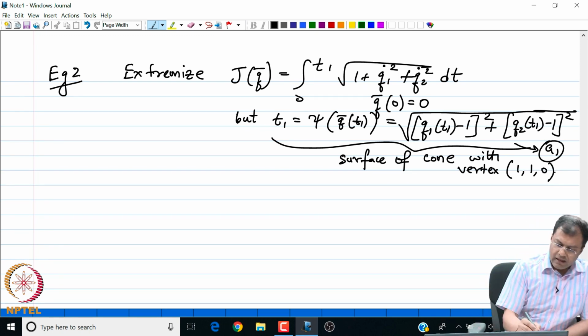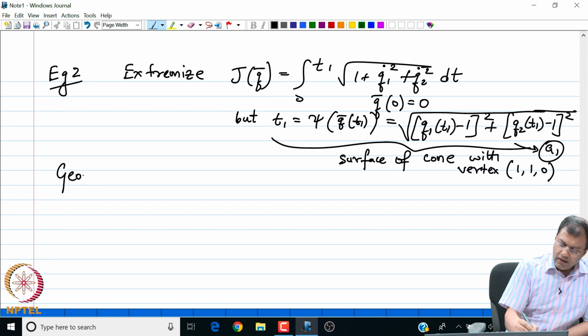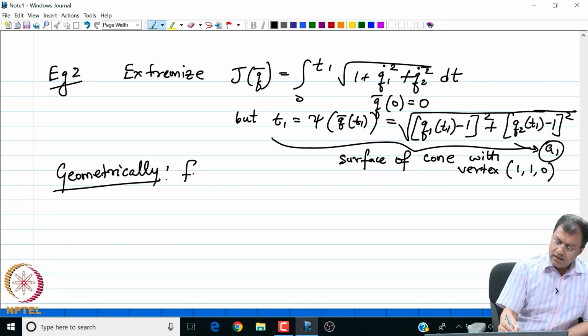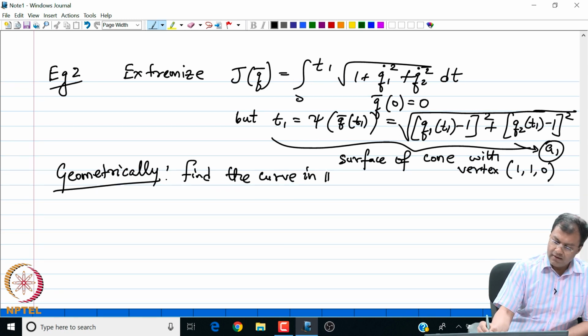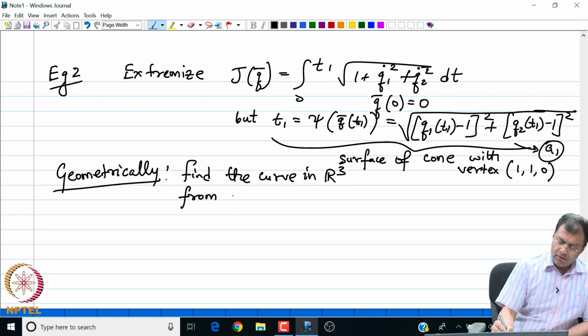Okay. So essentially the problem is asking, in the geometric sense, find the curve in R3 from the origin, right.